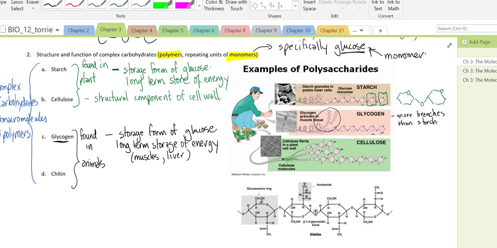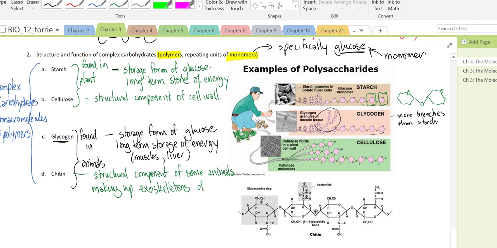In animals, not in us, but in many insects and arthropods, chitin is a structural component of some animals, making up the exoskeletons of insects and basically arthropods as a whole.